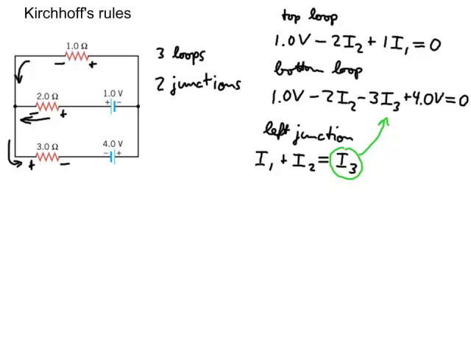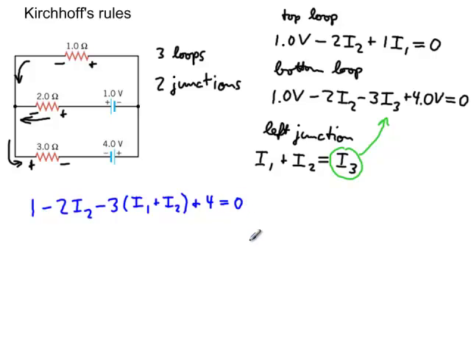Okay, I'm going to rewrite the second equation. So this is the bottom loop combined with the left junction. So I'm going to rewrite that one as 1 volt minus 2i2 minus 3 parentheses I1 plus I2, and that was my substitution, plus 4 volts, I'm going to leave out the units here, equals 0.